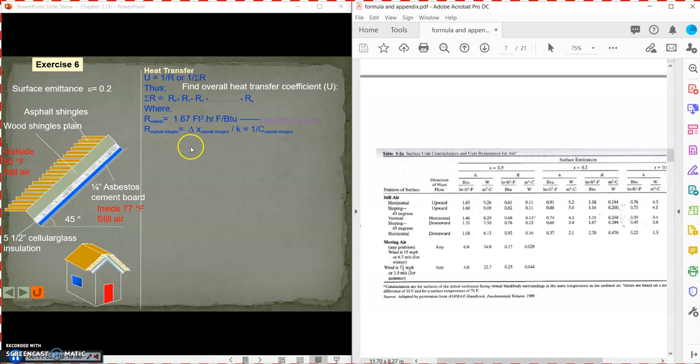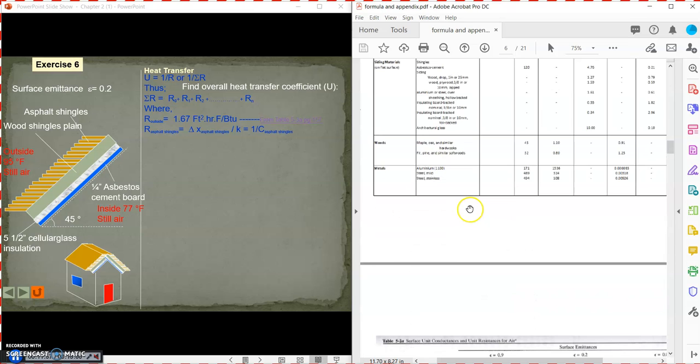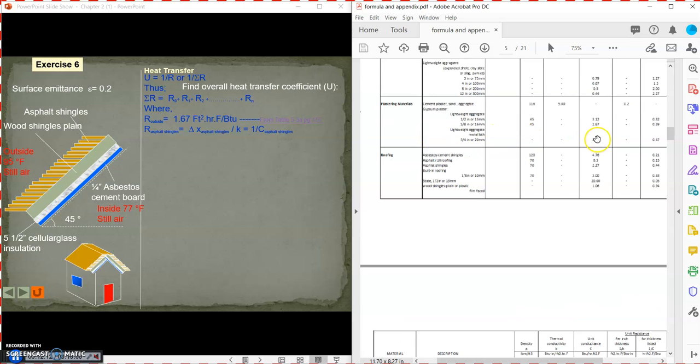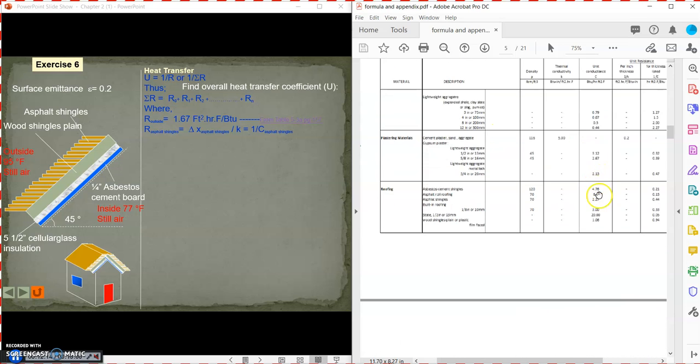Alright, next one, this asphalt shingle. Since this is the case for the roof, please look into the roofing here. Roofing, asphalt shingle, the formula is delta X over K or 1 over C. The asphalt shingle here has a unit conductance C, so we use 1 over C, 1 over 2.27, and we get 0.44 feet square hour Fahrenheit over BTU.